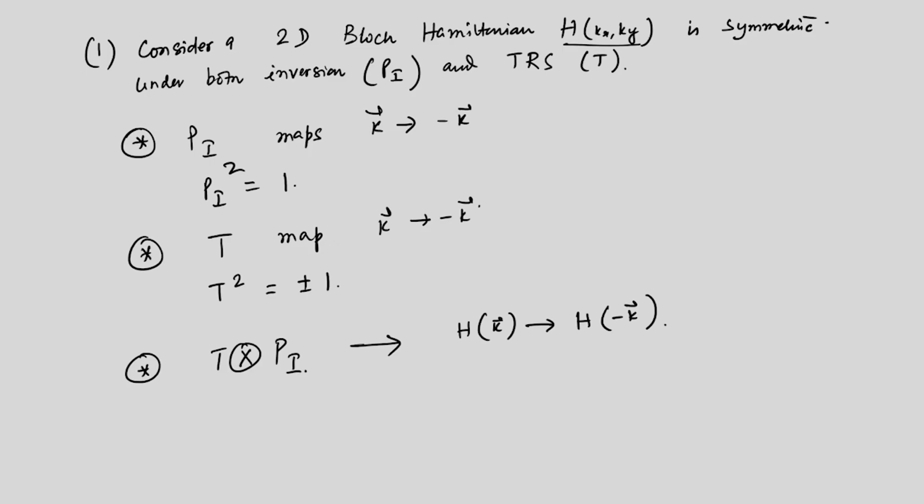Okay. So let me now look at, in brief, the particle hole symmetry. This means that if we convert a particle into a hole, whether the Hamiltonian remains invariant; it's a property of a superconductor to have particle hole symmetry.